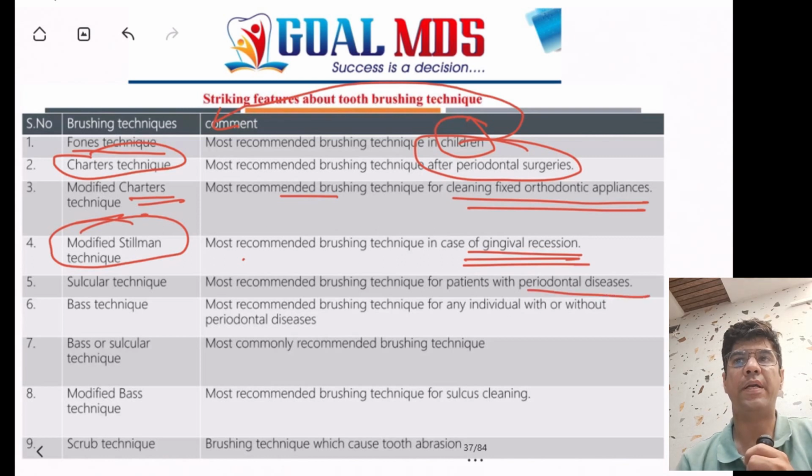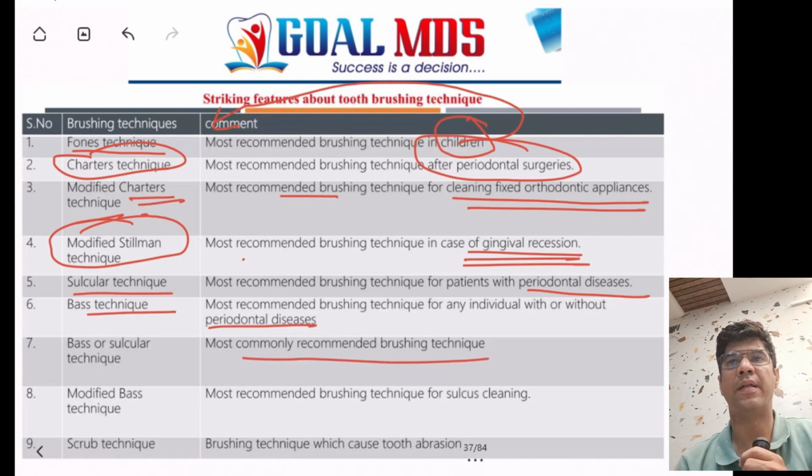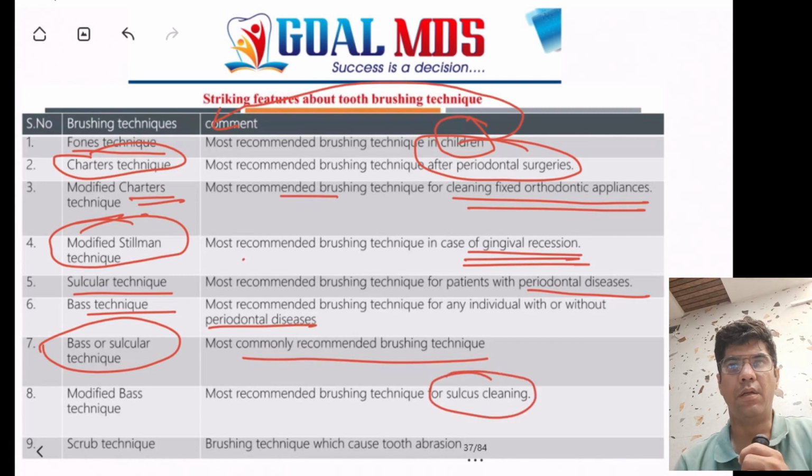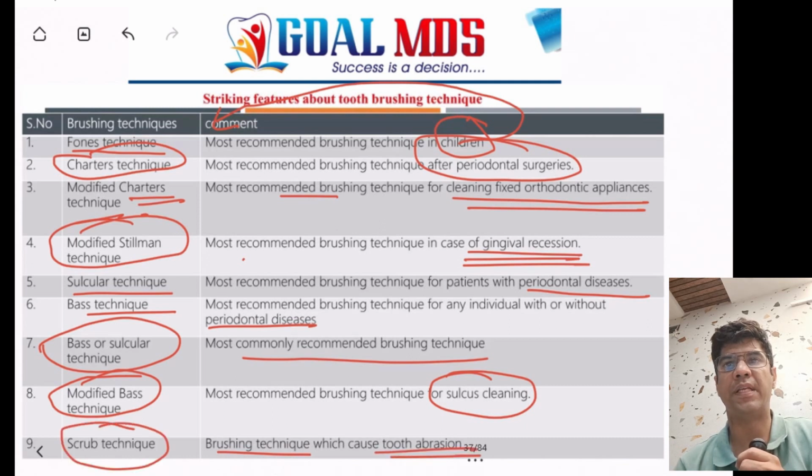The most recommended brushing technique for a patient with periodontal disease is the circular technique. The most recommended technique for any individual with or without periodontal disease is the Bass technique. The most commonly recommended brushing technique is the Bass or circular technique. The most recommended technique for sulcus cleaning is the modified Bass technique. The brushing technique which causes tooth abrasion is the scrub technique.